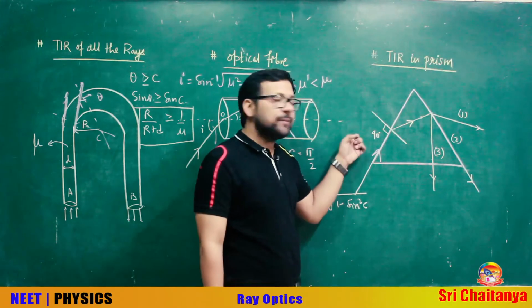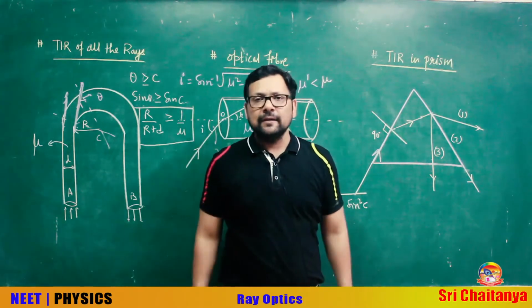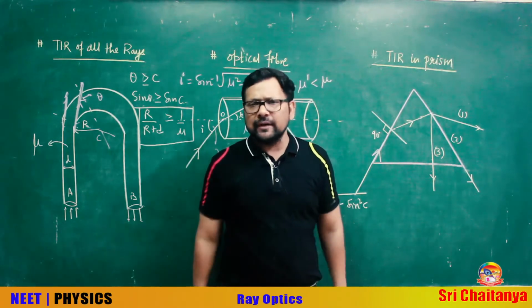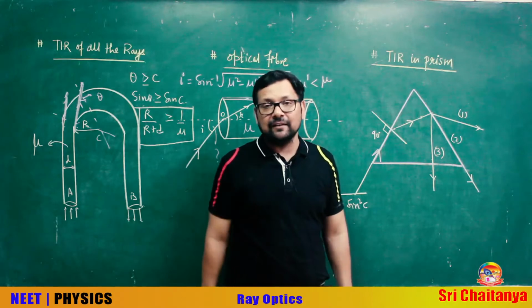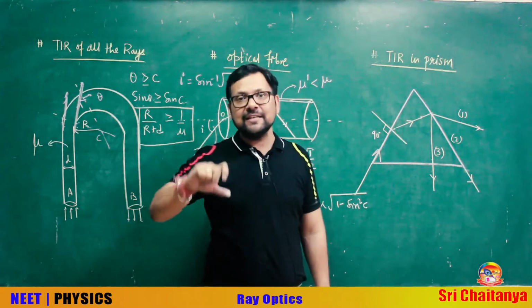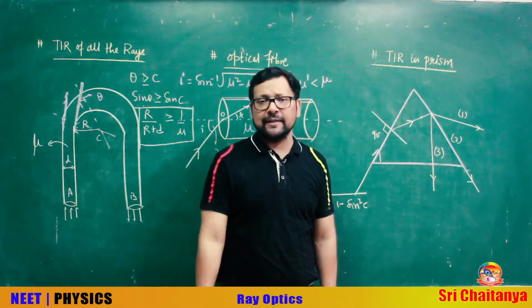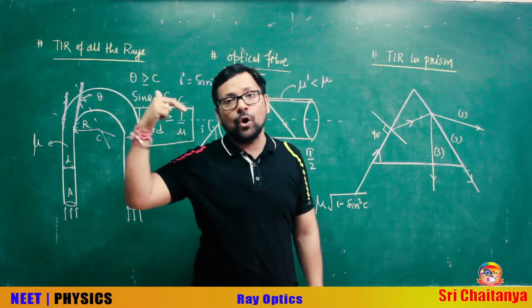First, let me tell you why I have chosen 90 degree. In prism questions, many things can be asked, but if the incidence angle on the first surface is not given, you can generalize it to be 90 degree or almost 90 degree, because if something happens at 90 degree, it will happen at all the angles.